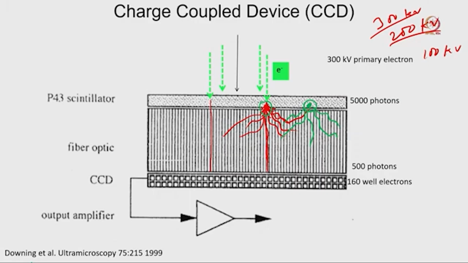So, definitely that is user friendly, and you will get better resolution, but there is a problem that it will generate a lot of noise because of this kind of scattering, as well as the fact that it has to convert from electron to photon, then the photon is going to travel through this fiber optics, and then it is going to be recorded, and then amplified to give us an image. A lot of the time these images will be noisy, not a very good image, and the readout will also be very slow because it has to go through this entire process.